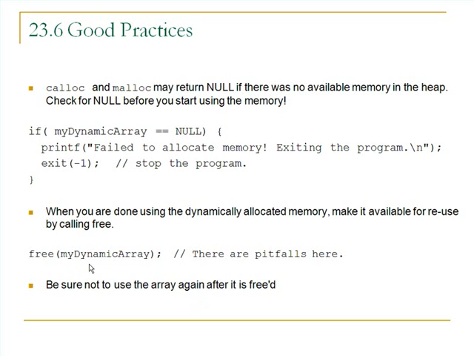And you have to be very careful. If you give back your memory by freeing it, you better not be using that array anymore, because you'll be using memory which no longer belongs to that variable. The worst part of this is that if you do use that memory again, it probably will work until it doesn't.